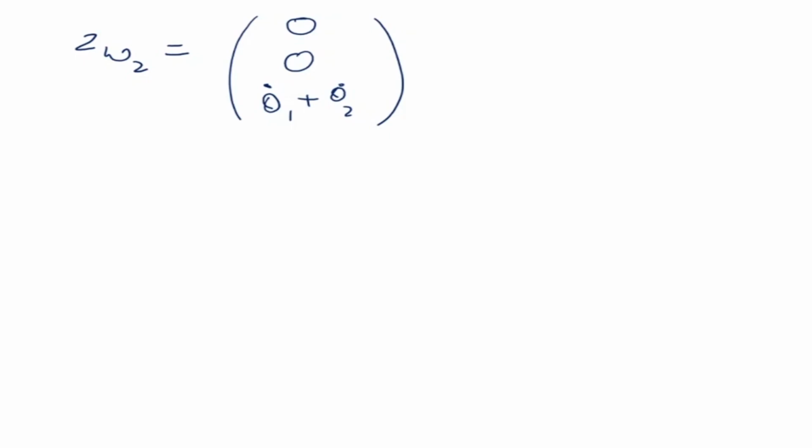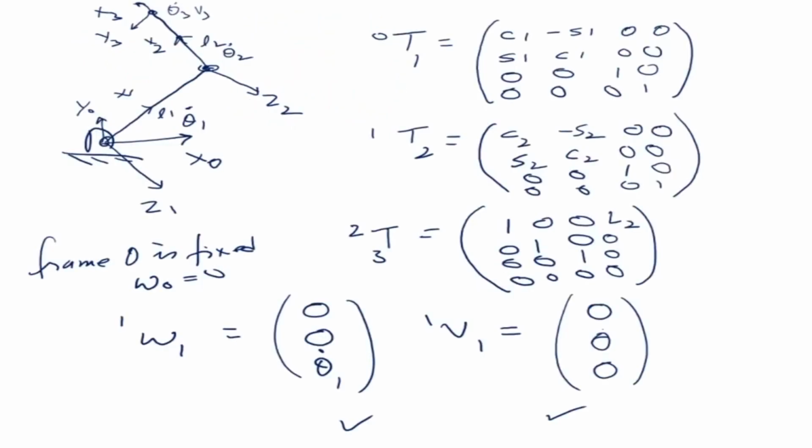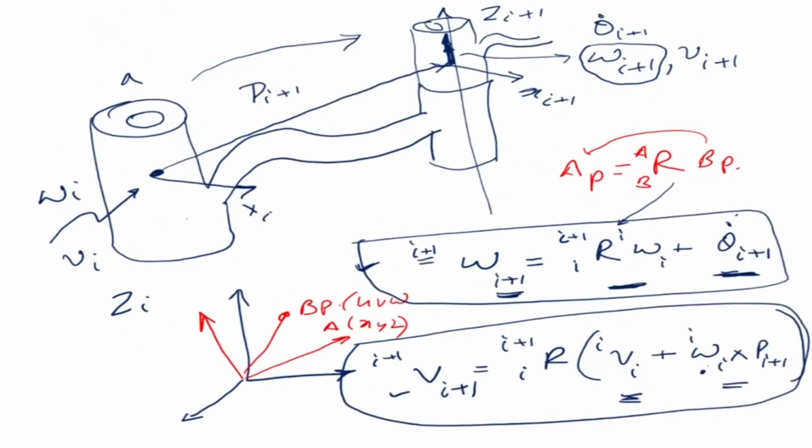If you go back and look at the frames, what we are seeing is that the angular velocity is going to be the sum of the previous angular velocity plus its own angular velocity, and this is what we have done. We just added both of them.